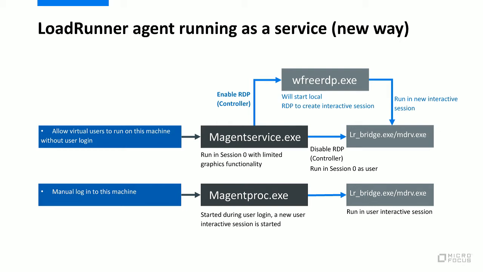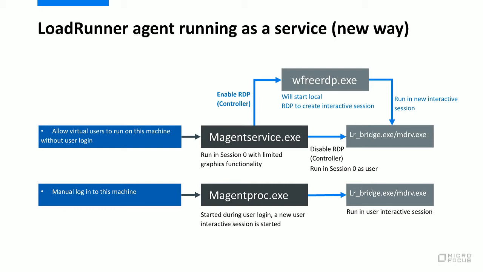If you use the enable RDP feature, what will happen behind the scenes is that the LoadRunner agent service will start a self-local RDP session on the load generator and will run lrbridge.exe and mdrv.exe inside this interactive session, thus enabling you to run graphical user interface vusers, even though the LoadRunner agent is configured as a service.